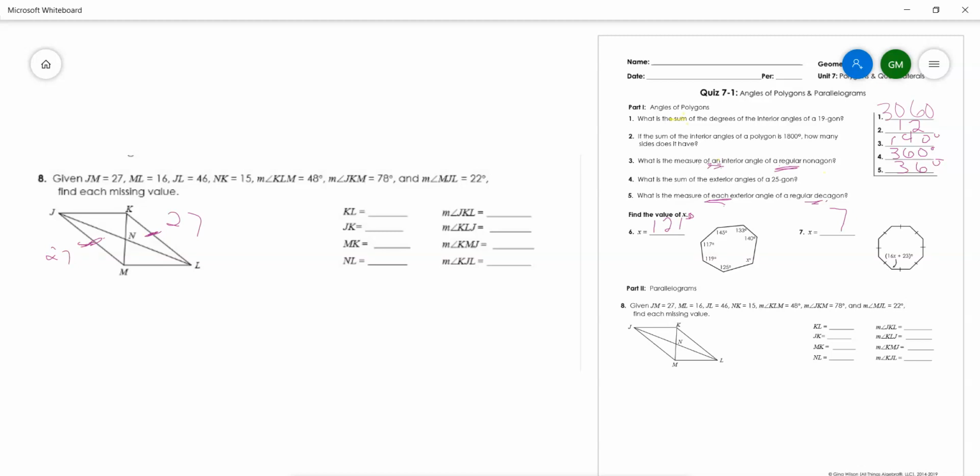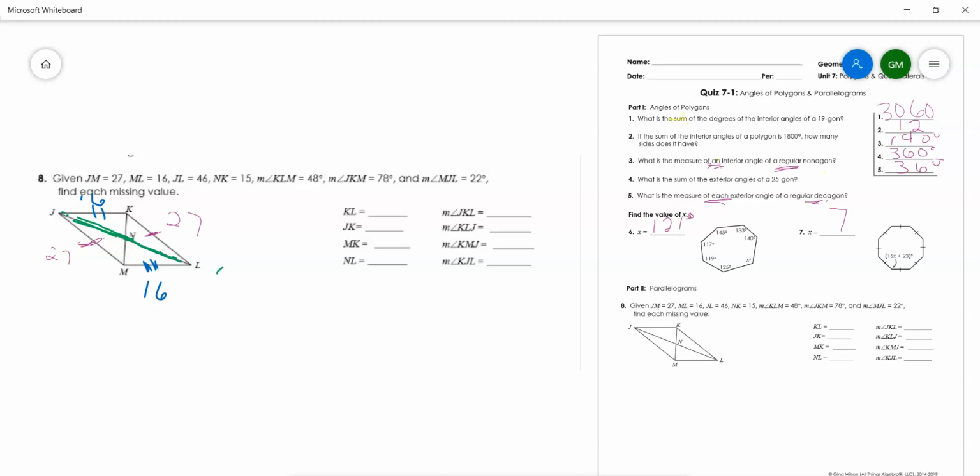And then ML is 16. That's the one down here at the bottom. So let's go ahead and mark that in blue. All right. And JL is 46. So again, JL, that's going to be the whole thing across.